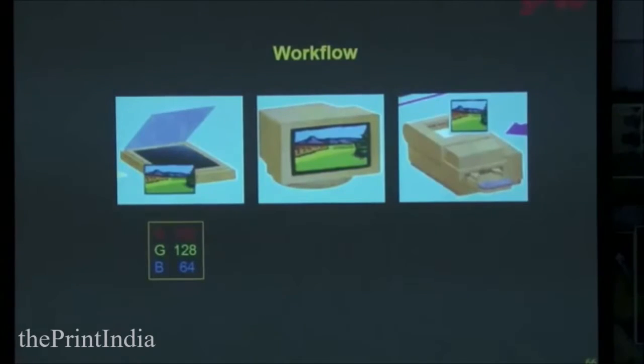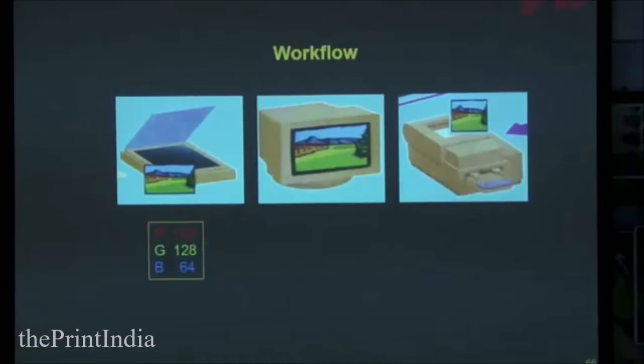So you have scanning or a digital camera. It scans in RGB, or the digital camera gives you RGB images. So an RGB image gives its color in terms of the red value, green value and blue value. That's why we call it RGB.